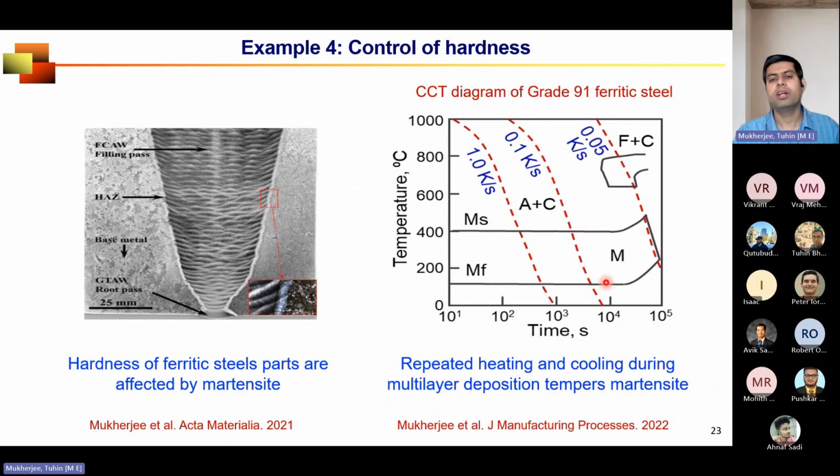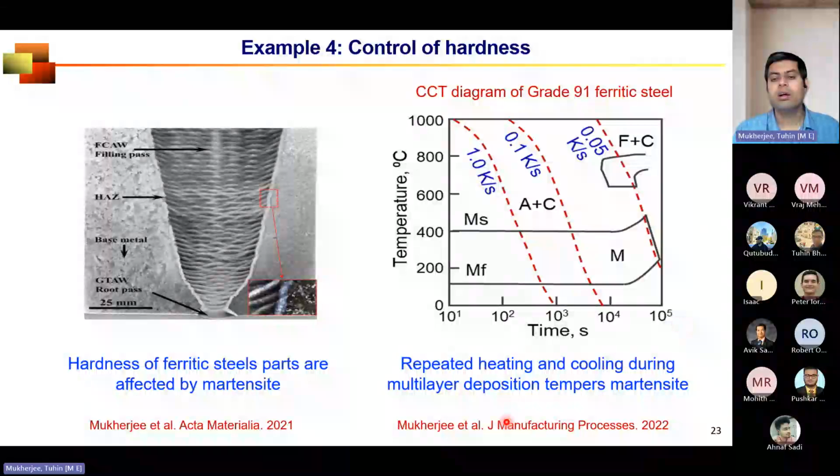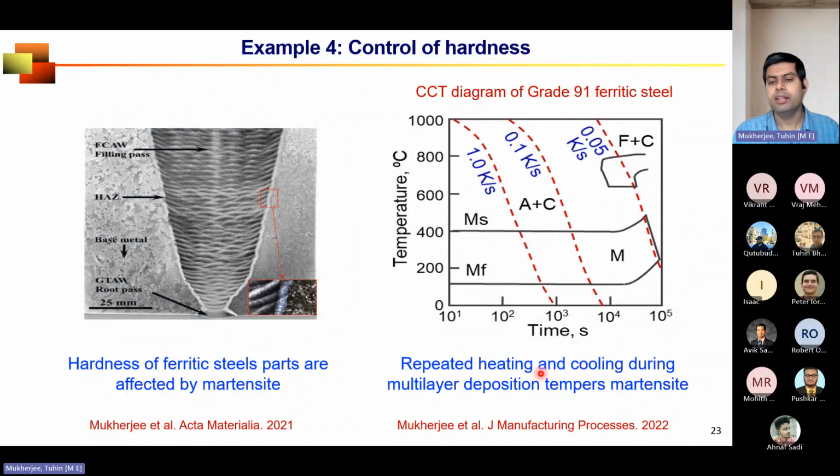Now what happens in additive manufacturing? Things become more complex. In additive manufacturing, as you know, we deposit material layer by layer. That means if you are depositing upper layers, you are reheating and recooling the layers that you have already deposited. That repeated heating and cooling during multi-layer deposition heats up the martensite and cools it down again.